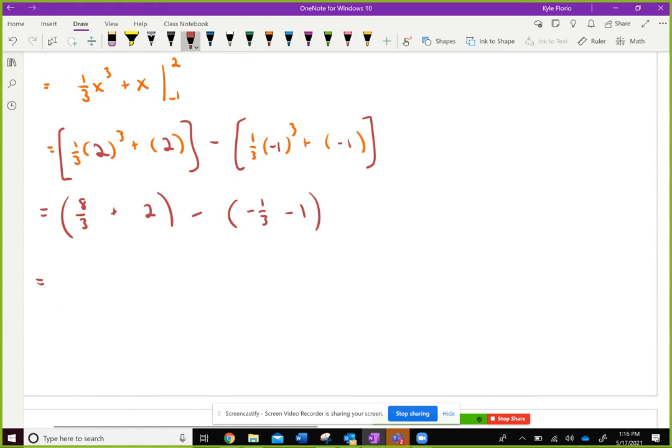-4/3. Alright, putting these together now, I'm just gonna make the work a little bit easier. I'm gonna distribute that negative, and then 8/3 plus 1/3 is 9/3, also known as 3, and 2 plus 1 is 3. So this is really 3 plus 3, which is 6.